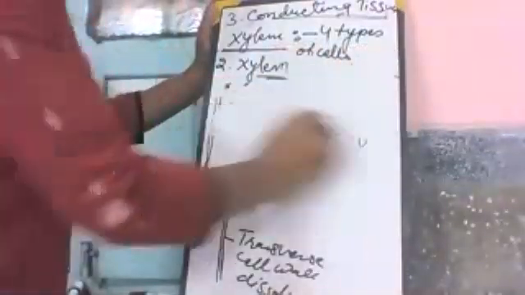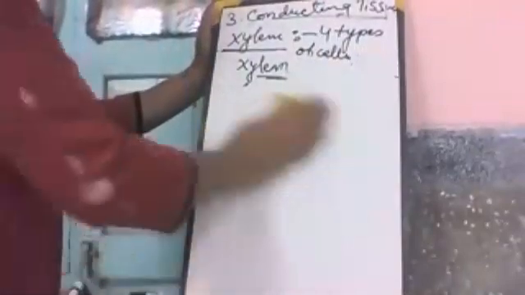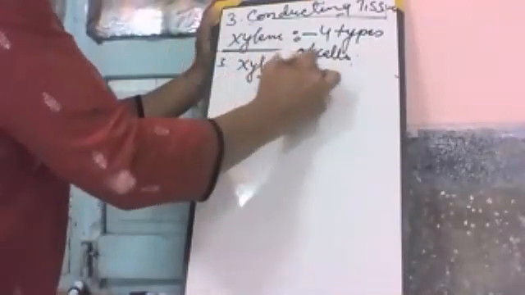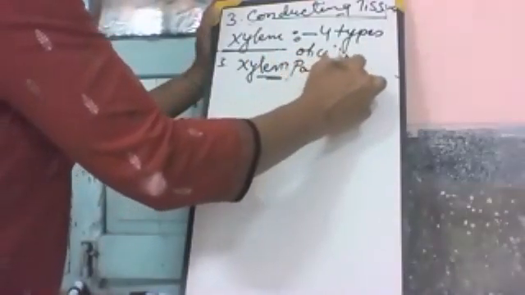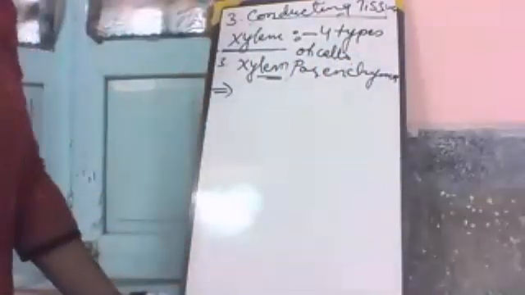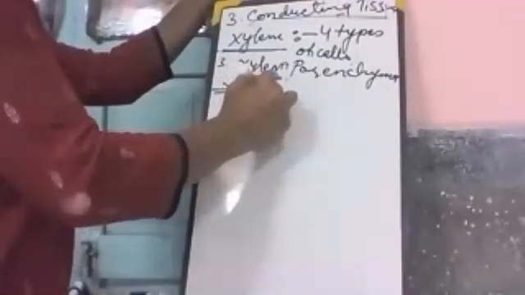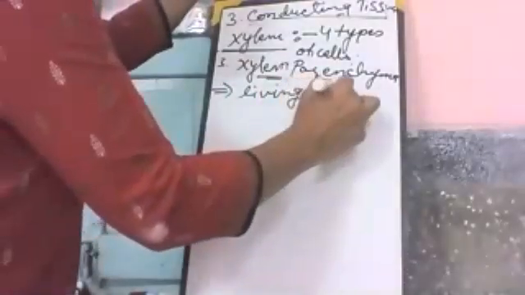The third part of this xylem tissue is xylem parenchyma. The xylem parenchyma is a living cell, and the function of this cell is storage of food.